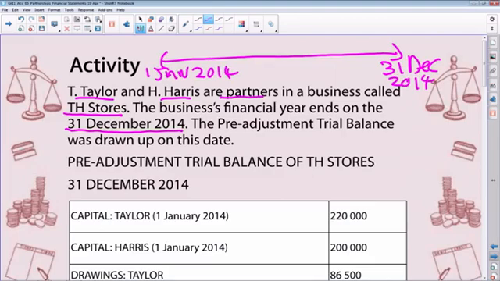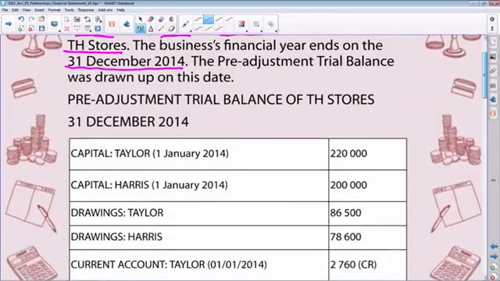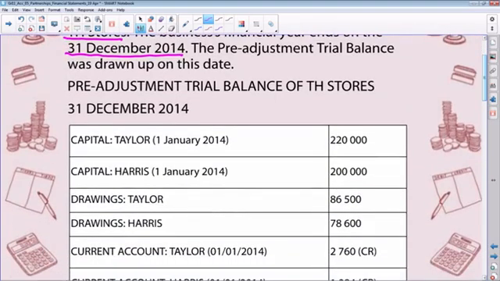Right, you are given the pre-adjustment trial balance was drawn up on this date. Okay, so in terms of the pre-adjustment trial balance, what do we have? We've got capital Taylor, capital Harris, whatever they've contributed on the 1st of January 2014. So immediately we've got their capital balances at the beginning of the year.